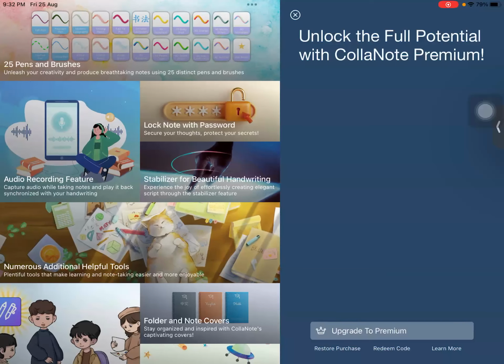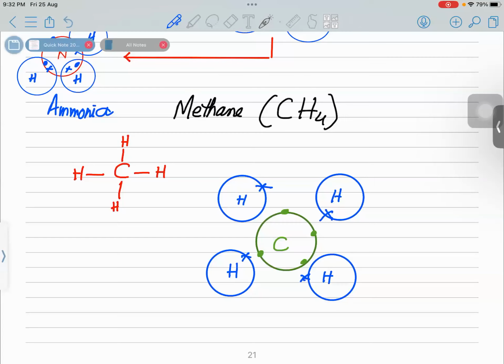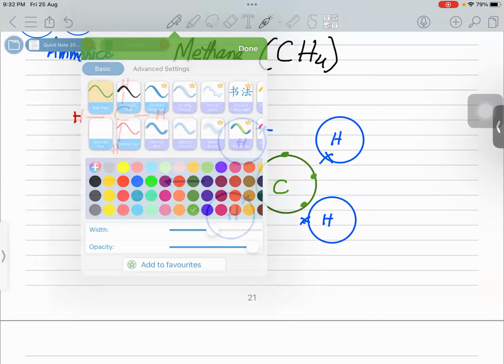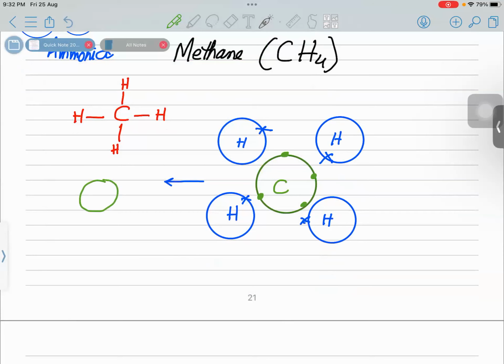So 1 carbon and 4 hydrogen, and it looks like this. This is carbon. This is hydrogen.